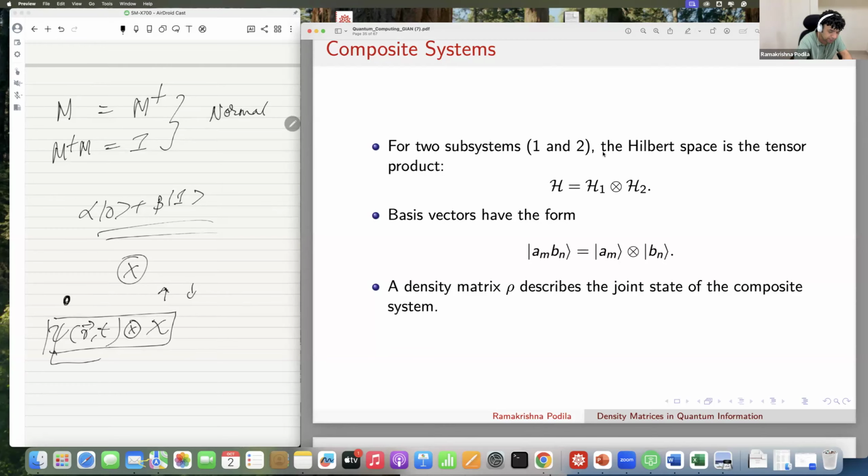Each of these is a subset of the total Hilbert space, right? They're independent of each other. Spin is sort of independent, we're saying, of the position or the spatial dependence, right? But these are kind of independent, and we can combine that to get the total space. So when we write a ket vector like this, what we mean is it's a tensor product. That is, we are joining this, right?